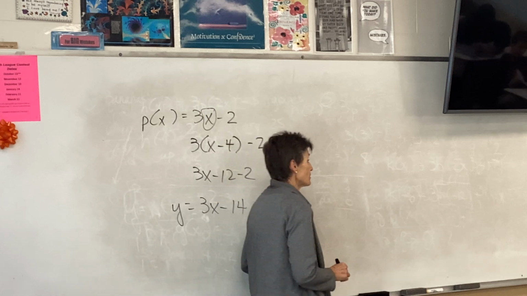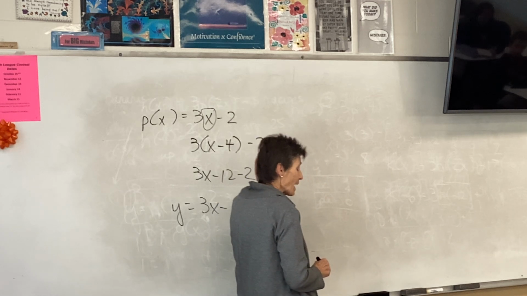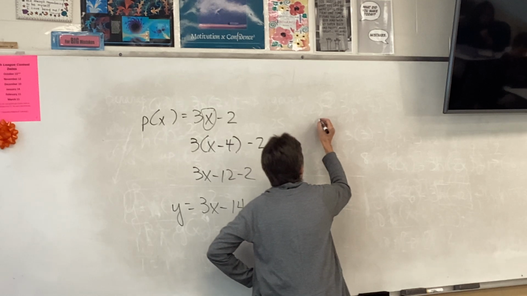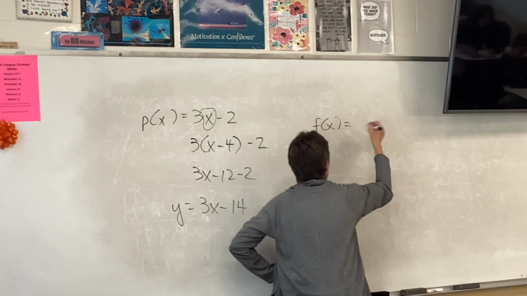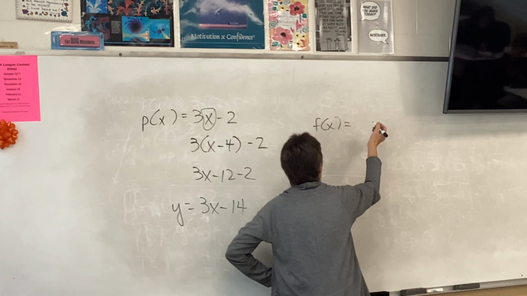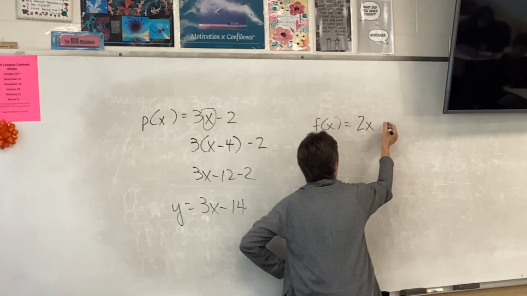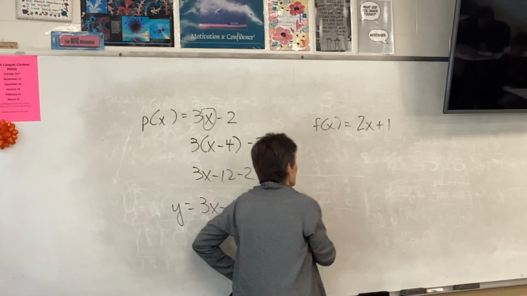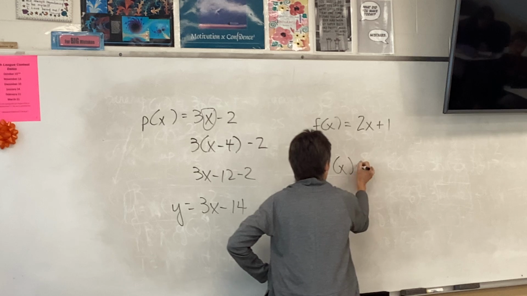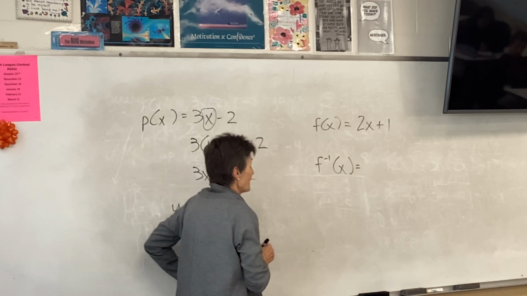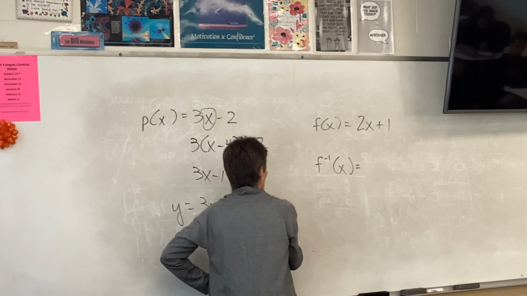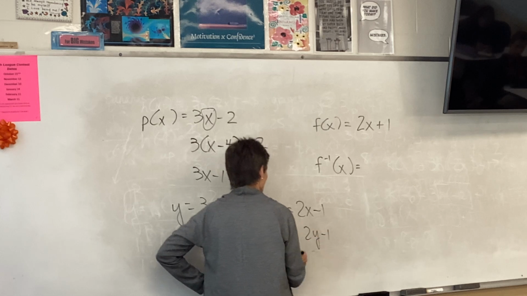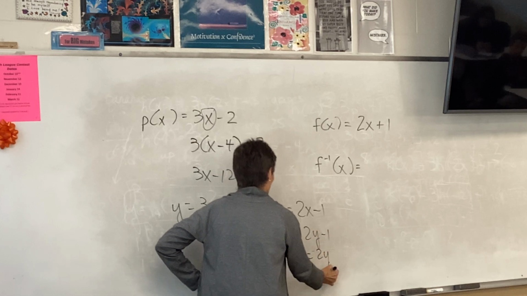Alright, so here's, I want to back up a second and just refresh our memories. If we have a function, just a random function, this isn't what's on the paper, this is just some background information, like 2x plus 1, to find its inverse, we can either do it intuitively, or we can switch our variables and solve for y.